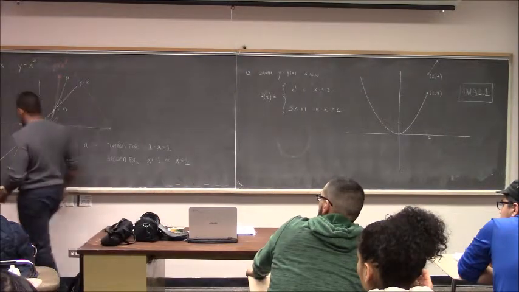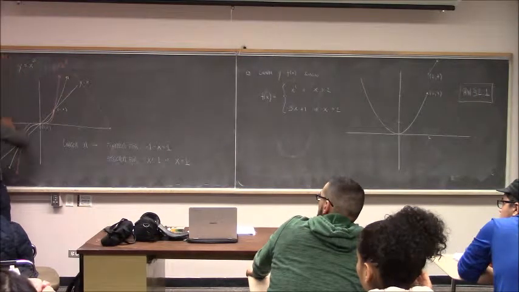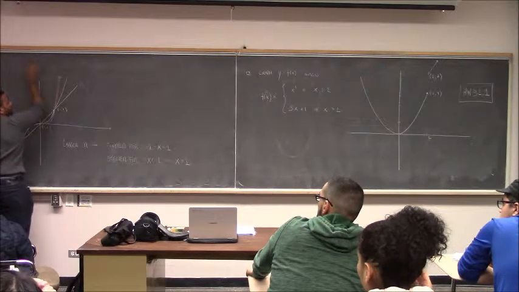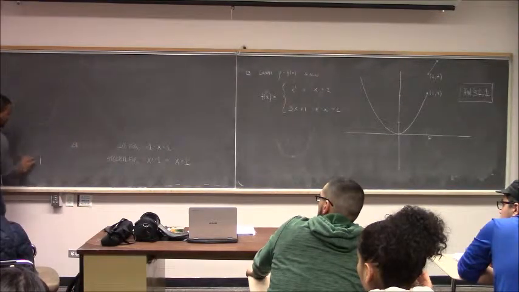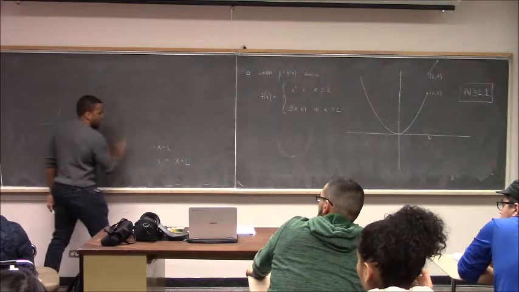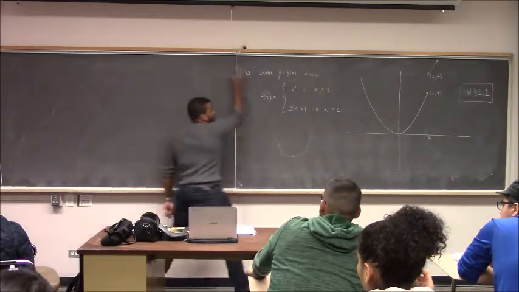We're going to continue with equations. We already looked at what an equation is, how to solve linear equations, how to solve quadratic equations, how to solve equations with radicals, and how to solve absolute value equations.